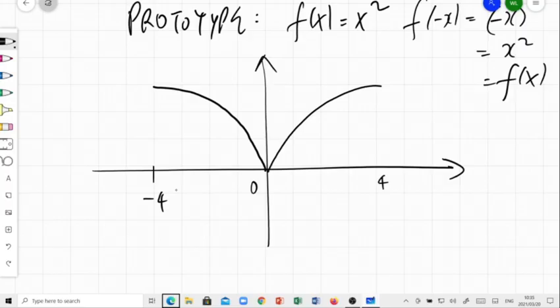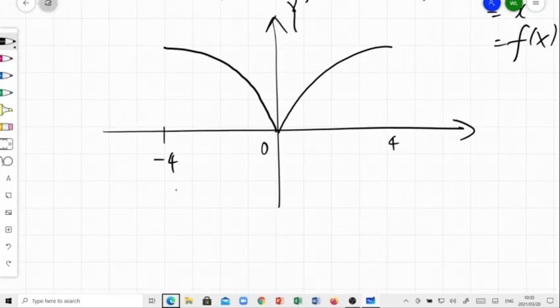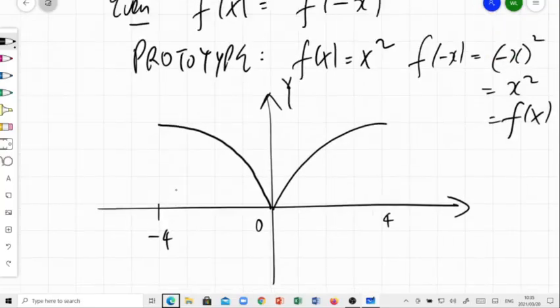So using this symmetry about the y-axis, I can reduce my labor of graphing an even function by simply graphing between 0 and 4, and then reflecting in order to cover the case from 0 to -4.